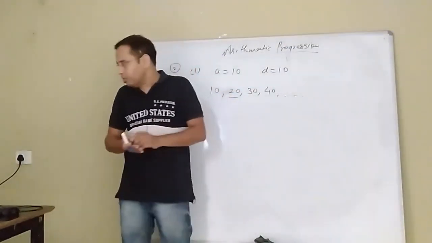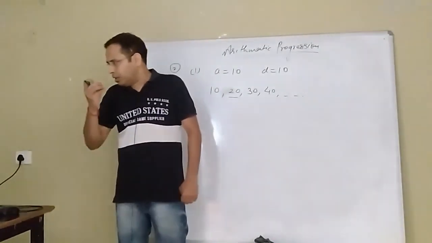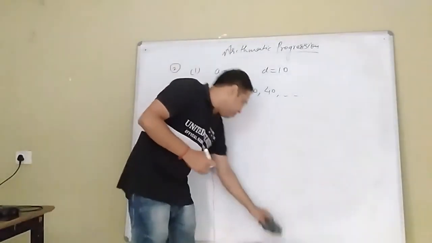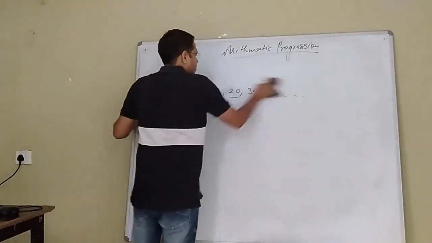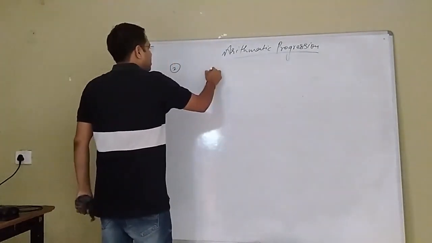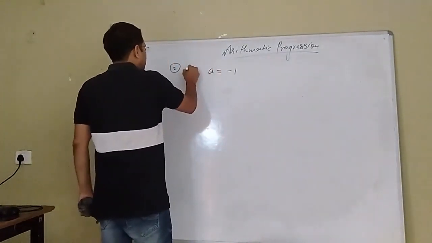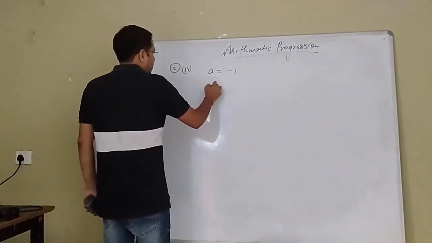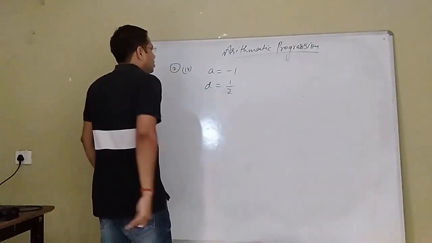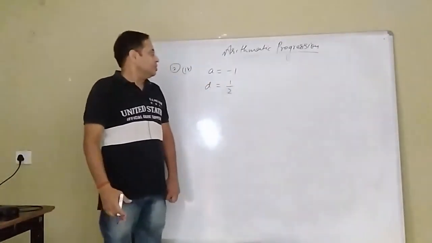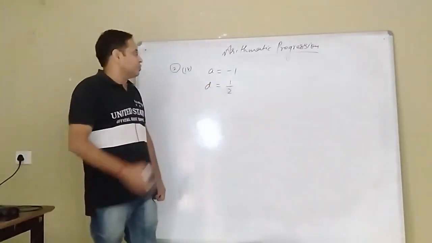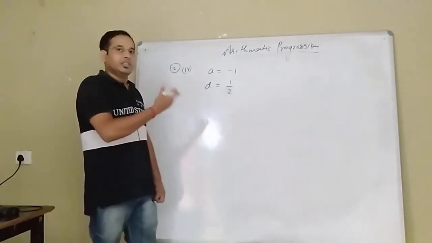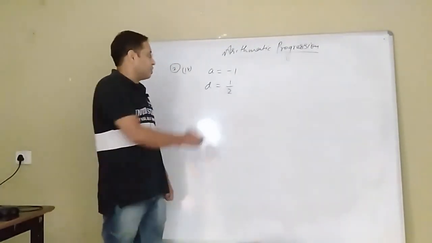Okay, let's move. For example, the fourth one: A is given -1 and D is given 1/2. So we need to write down the 4 terms of this given sequence whose first term is -1 and the common difference is 1 upon 2.